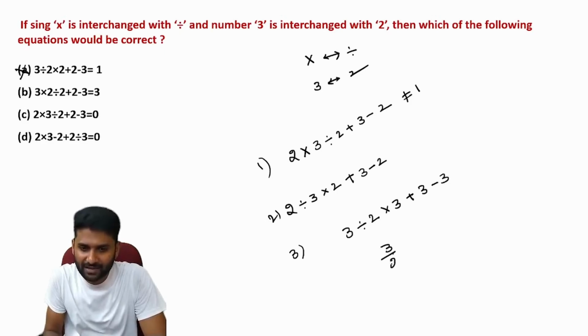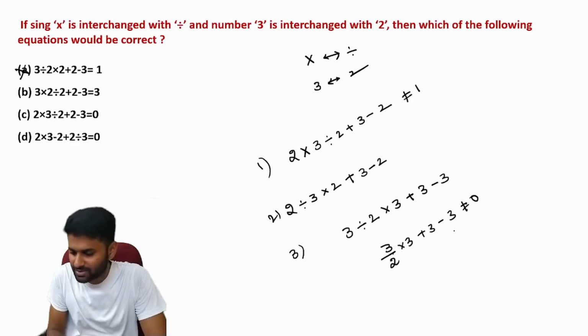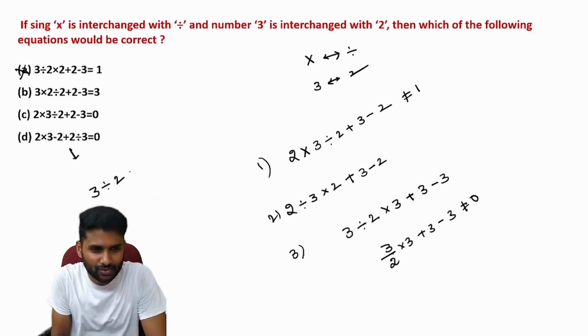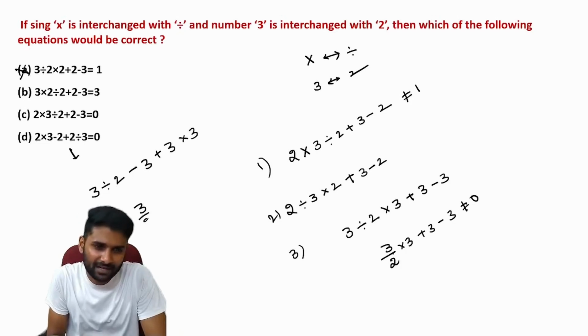Guys, 3 divided by 2 into 3 plus 3 minus 3 is not equal to 0. Let's check with the fourth option here. 3 divided by 2 minus 2 plus 2 minus 3 plus 3 into 3. Again 3 divided by 2 minus 3 plus 3 is cancelled.